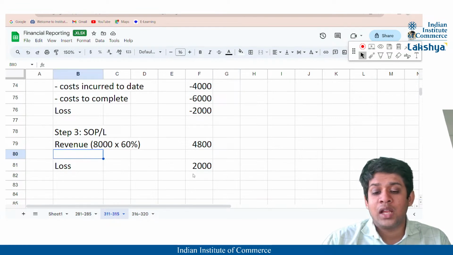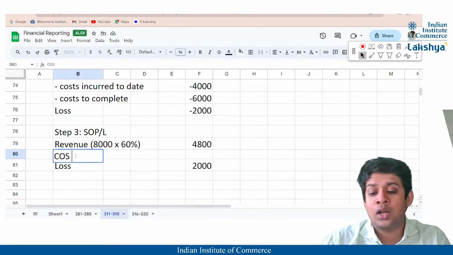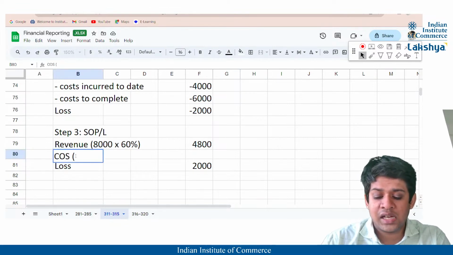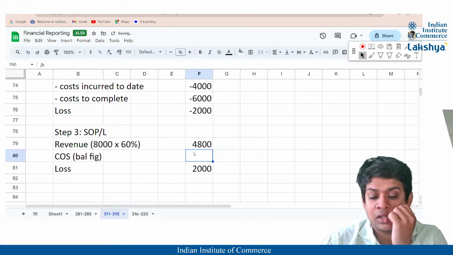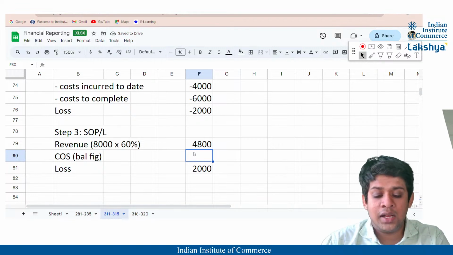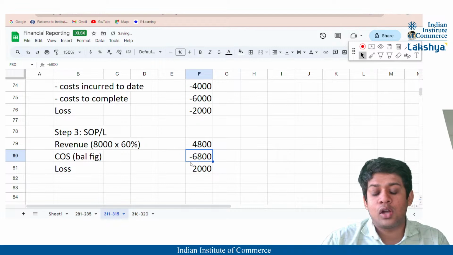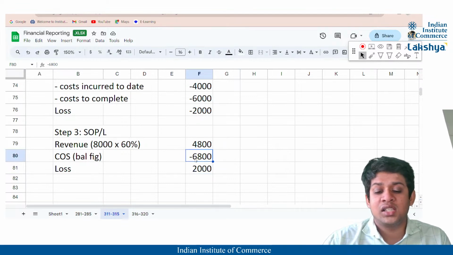So that means, because we have to recognize a loss, correct? So that means within our cost of sales, we will just calculate it as a balancing figure rather than just multiplying with the progress percentage. So technically, our cost of sales will be 4,800 plus 2,000 loss. It will be 6,800.